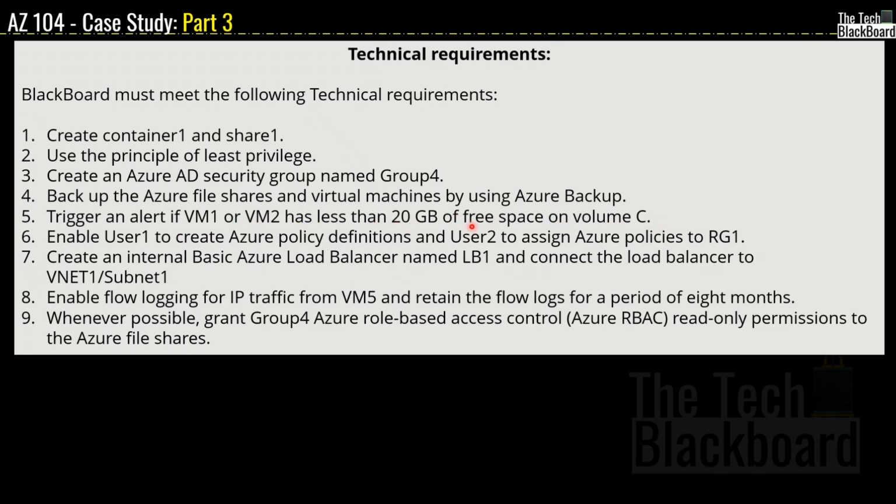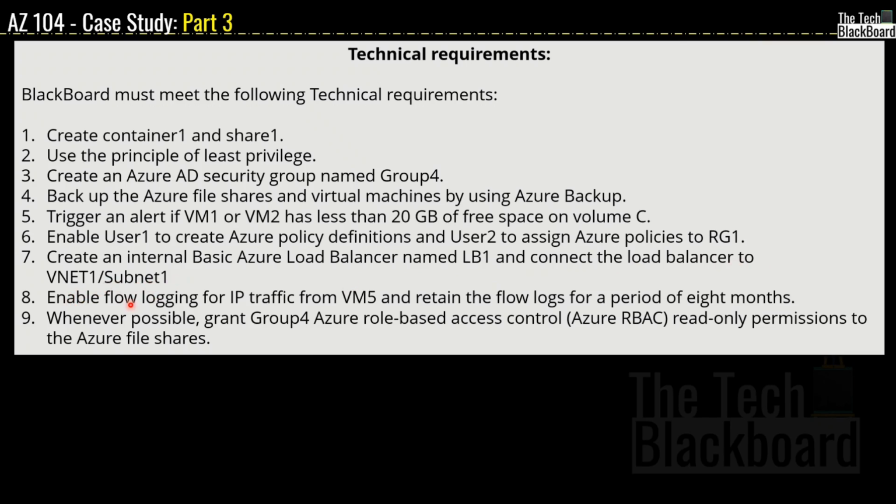The sixth technical requirement says enable user 1 to create Azure policy definitions and user 2 to assign Azure policy to the RG1. The seventh one says create an internal basic Azure load balancer named LB1 and connect the load balancer to VNet1 and subnet1.